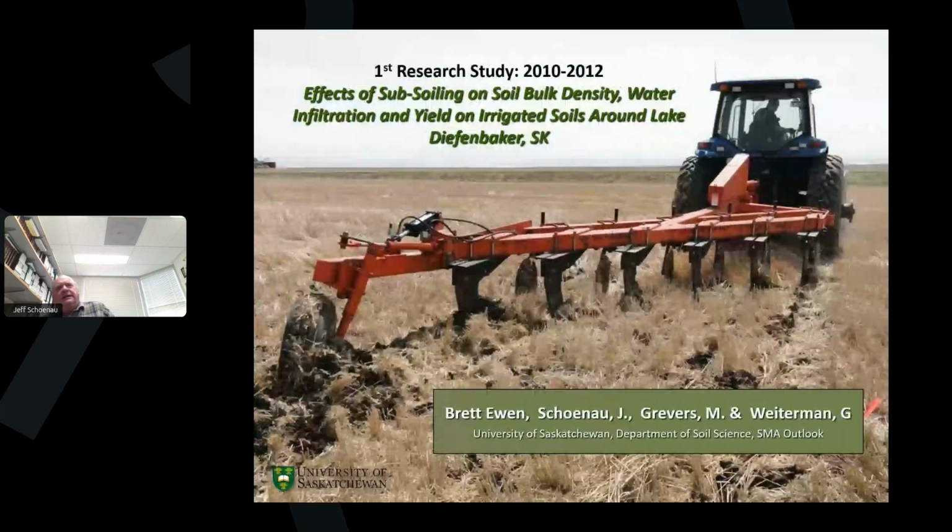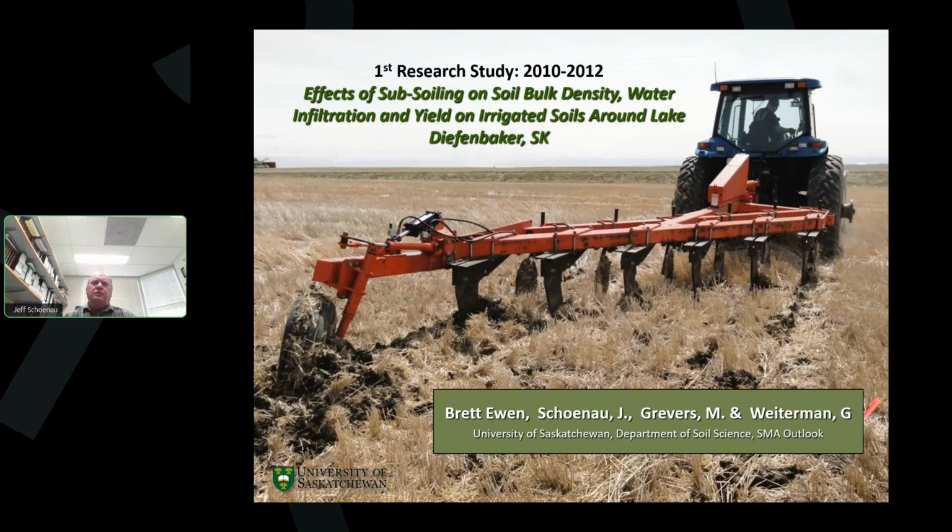I'd like to talk a little bit about the research work that we've done with subsoiling over the years, and go back about 15 years to a study that we did in the Lake Diefenbaker area around Bursay on irrigated soils, and looked at the effect of subsoiling on bulk density, water infiltration, and yield. Why irrigated soils?